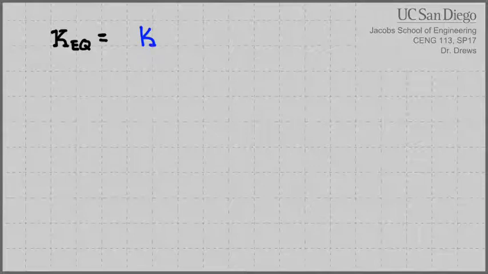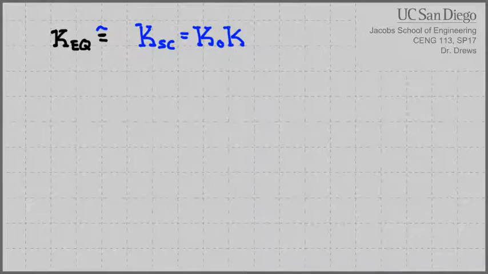So just to summarize, we have 2 cases. KEQ is going to be equal to one of 2 things. In one case, I'll put this one as blue, it's going to be approximately equal to KSC, which is the shortcut, which is K0 times K1.